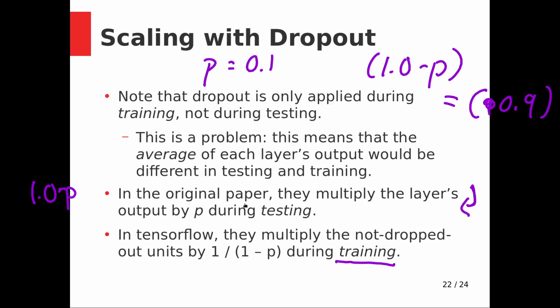Both of these are ways to try to keep the magnitude of the output the same between testing and training, even though during training you're turning some of the units off at random. Again, we see that there are two slightly different formalizations for what this thing does, and you have to pay attention to notice the difference.